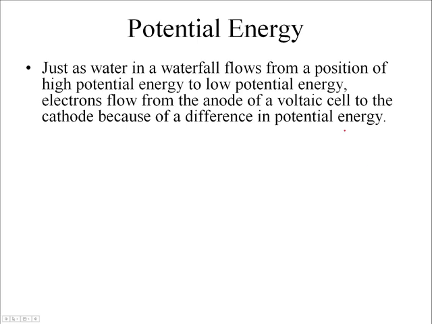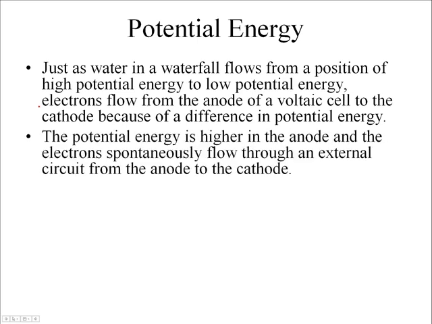Okay, just like that same example, in certain substances, electrons flow spontaneously from one substance to another because they have a higher potential energy. So they're simply flowing from a position of high potential energy to a position of low potential energy.